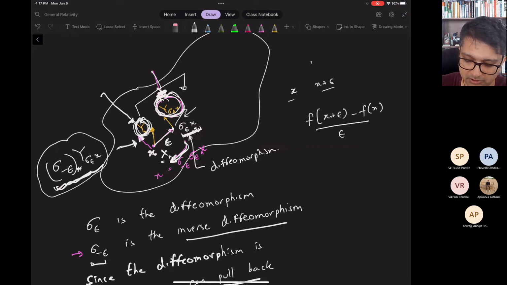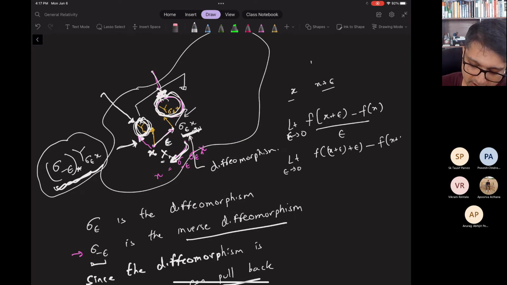We know that we can do this, and this evaluates the derivative in the limit epsilon goes to 0. But now suppose I evaluate the derivative at x plus epsilon. I'll write it as f at x plus epsilon minus f at x plus epsilon, divided by epsilon. In the limit epsilon goes to 0, these are the same thing.